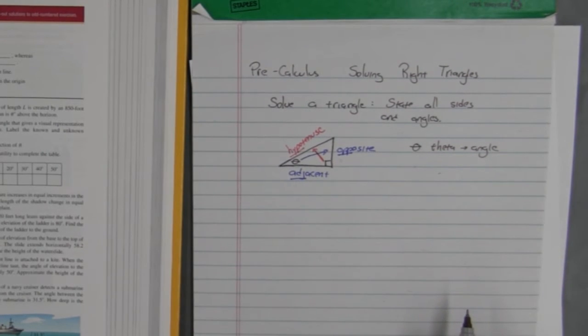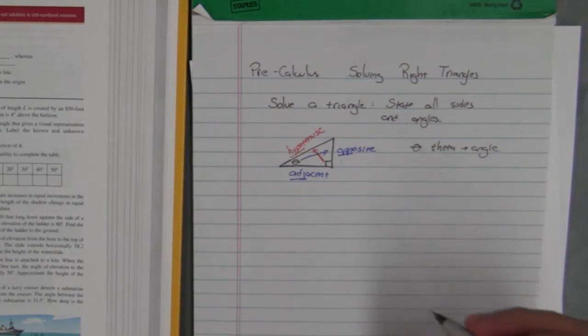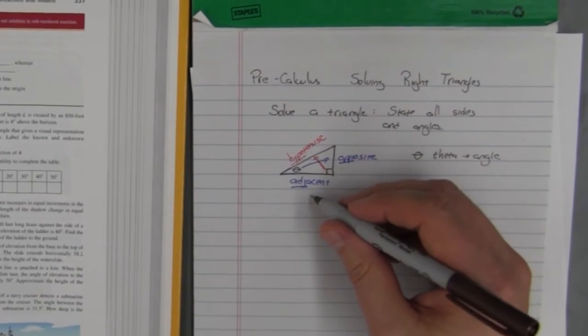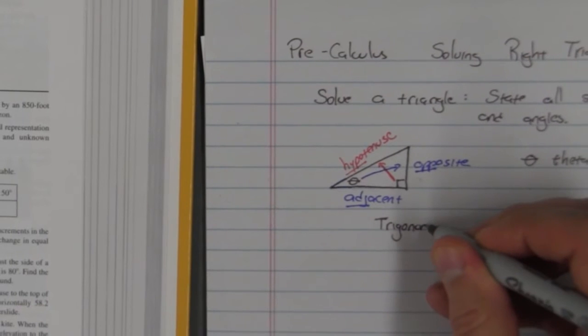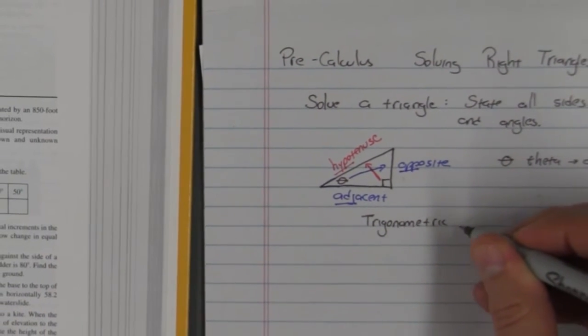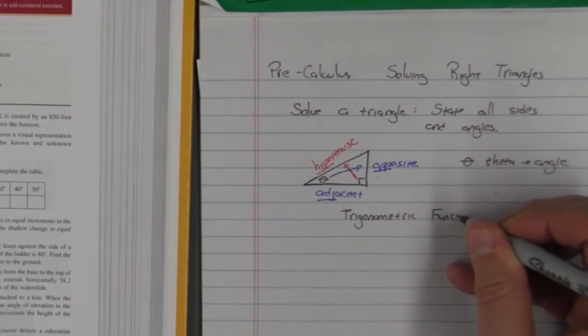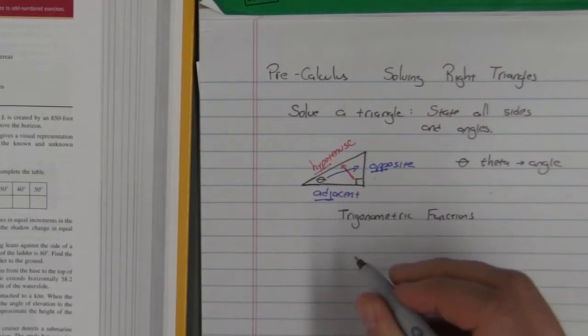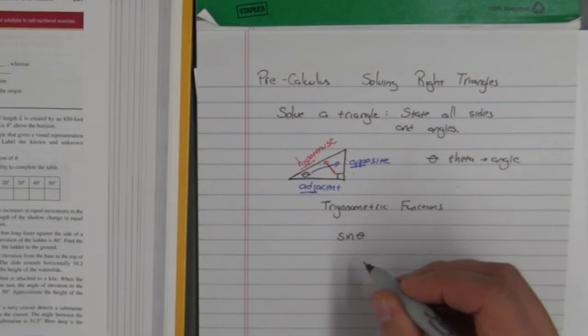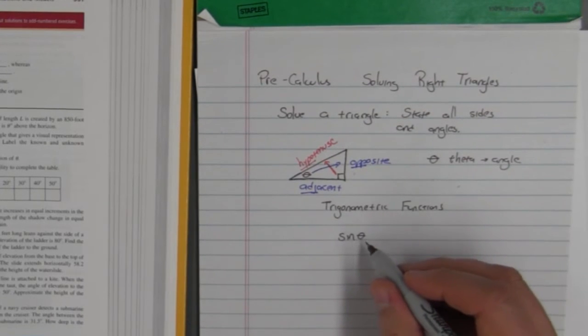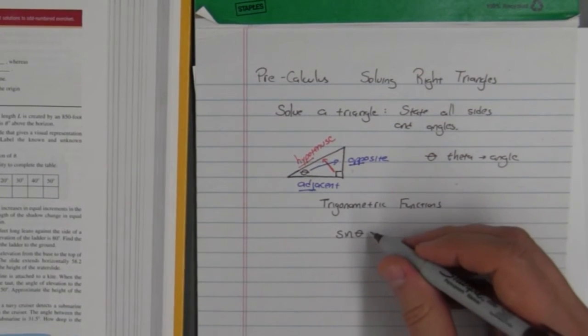Once you have opposite, adjacent, and hypotenuse, we define the three main trigonometric functions. The main trigonometric functions are sine, and we want to say sine of theta. Whenever we have sine, it can never sit there by itself.